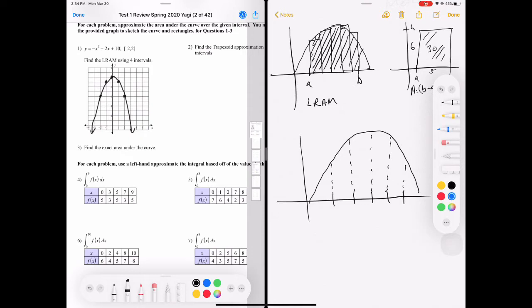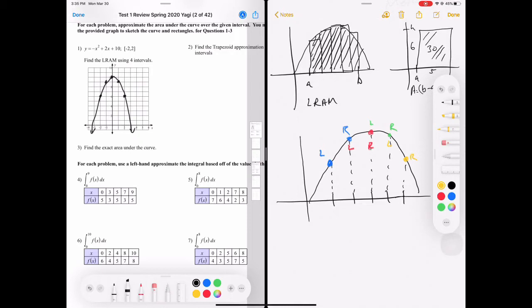Given a choice of left or right, the first one will be left, and this will be right. Then our next point, this will be our left, then our right. And the next point, this will be our left, and this point will be our right.